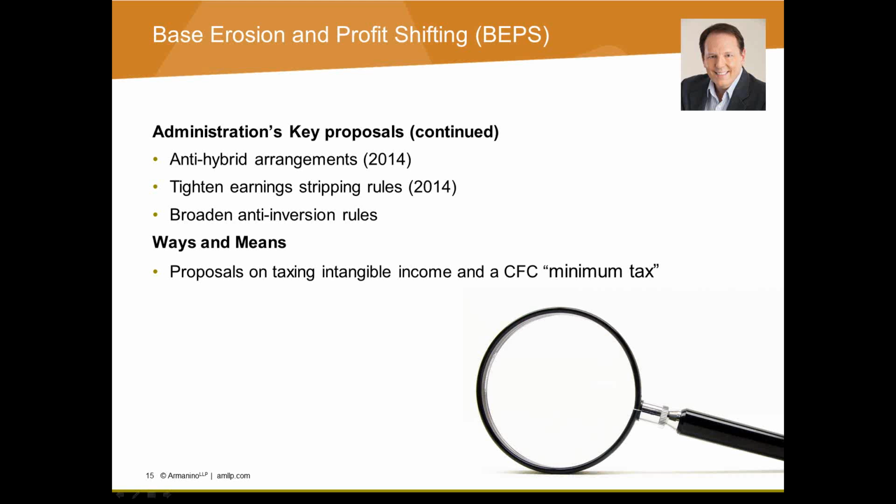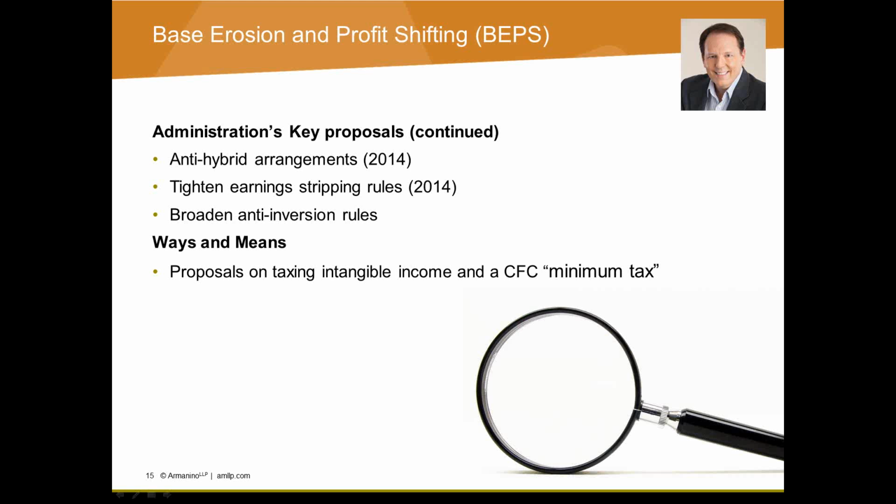They want to replace the existing 163(j) with a global interest allocation rule, where you have a consolidated group of international companies. They would share in the consolidated interest expense on an allocated basis, and the interest would be allocated based on relative earnings of each subsidiary.